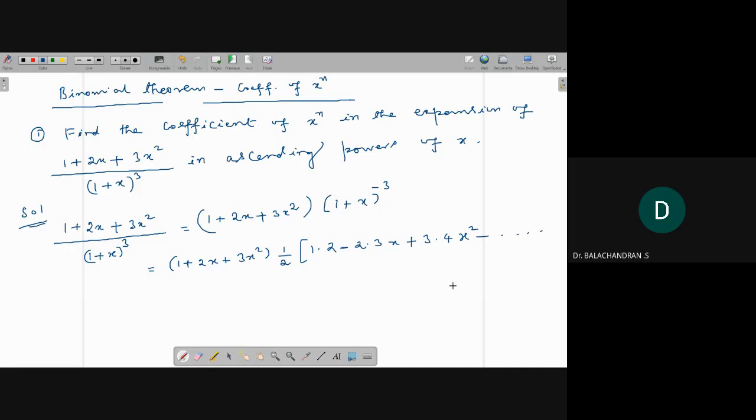What is the x power n term? Minus 1 whole power n, because if n is odd, it is minus; if n is even, it is plus. Minus 1 whole power n, n plus 1 into n plus 2 into x power n.